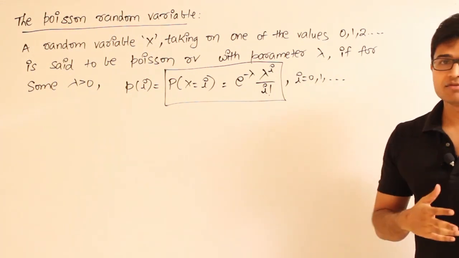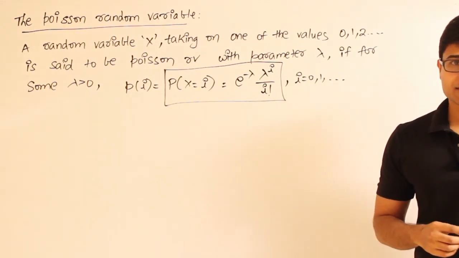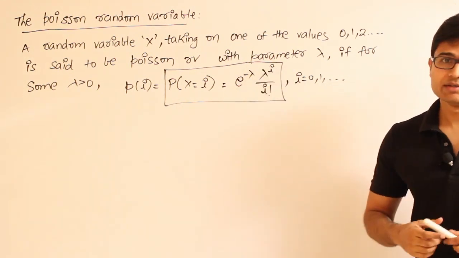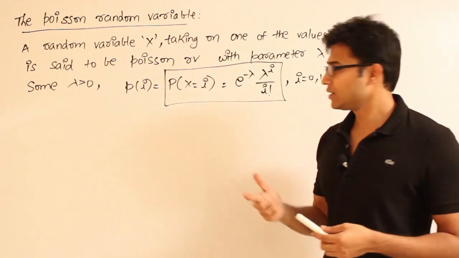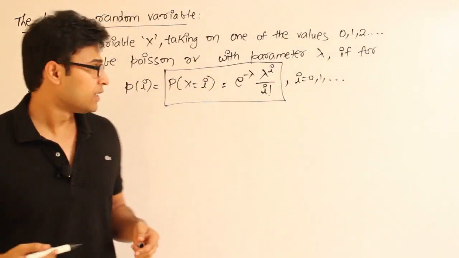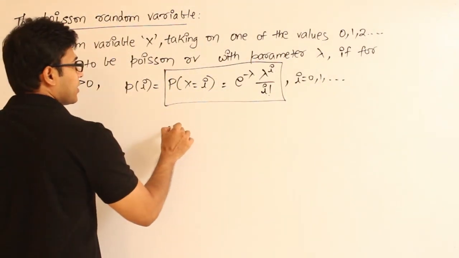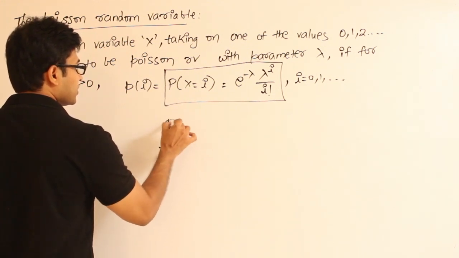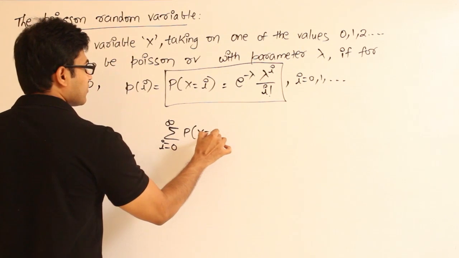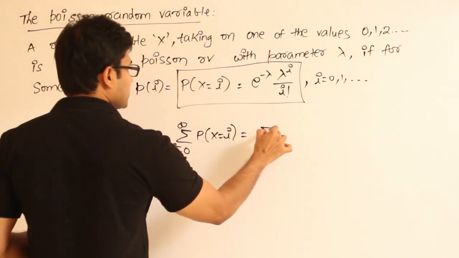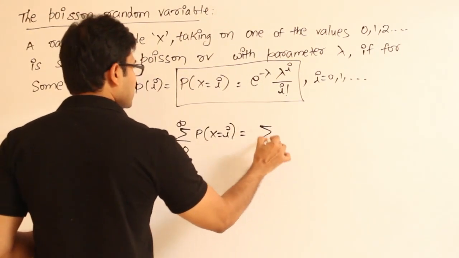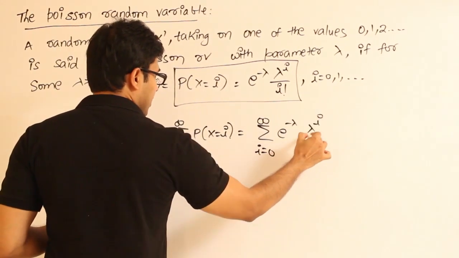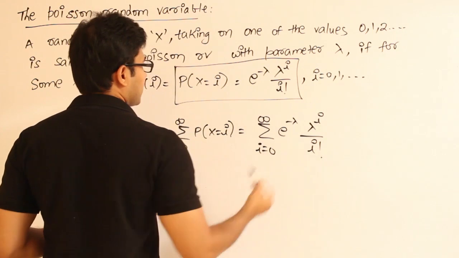And again, as with all the other random variables that we have seen till now, we can show that the sum of all these probabilities is going to produce a value of 1. If you want to see it, just check this. I'm just adding it up. Sigma i equal to 0 to infinity, P of X equal to i, is equal to sigma i equal to 0 to infinity e power minus lambda into lambda power i by i factorial.